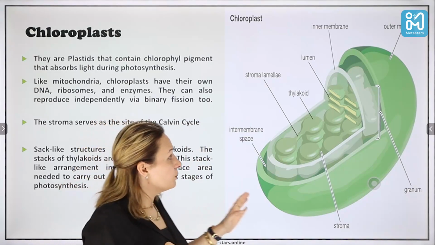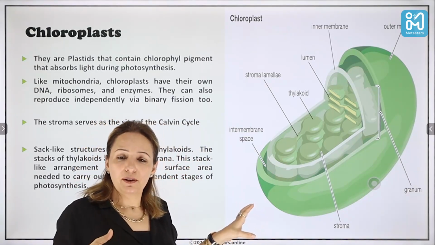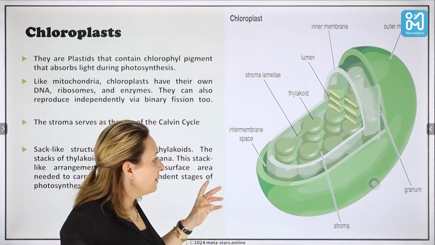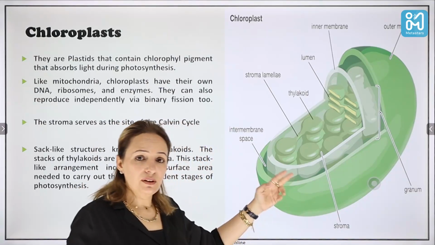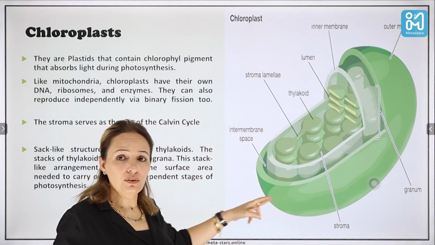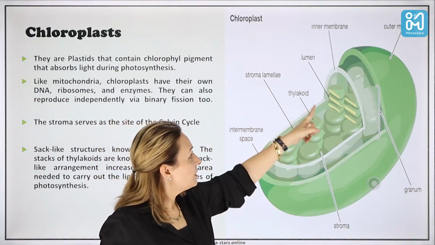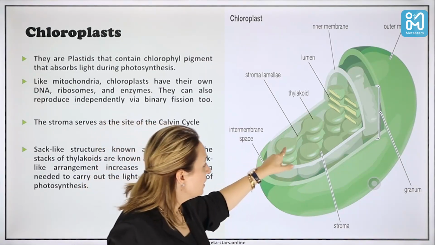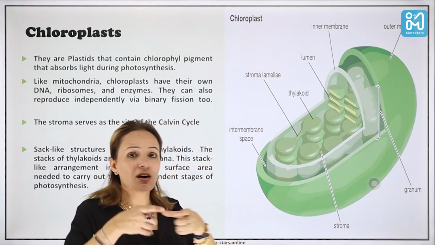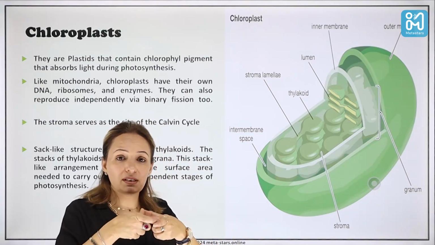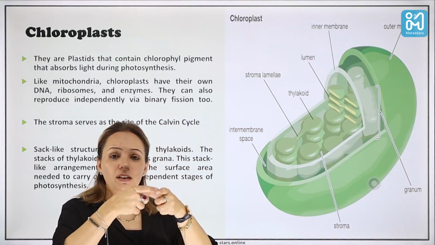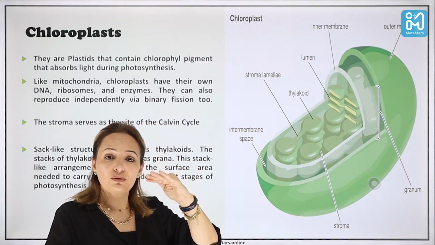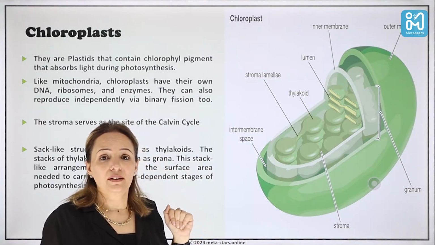Let's move on now to the chloroplast. And the chloroplasts as well, they look like the mitochondria. They're oval in shape, and they have also a double membrane. The membrane that is outside is called the outer membrane. And then we have the inner membrane, which has all the discs, as you can see. These discs are called thylakoid membranes, and these thylakoid membranes make a group of discs together that are called the granum.